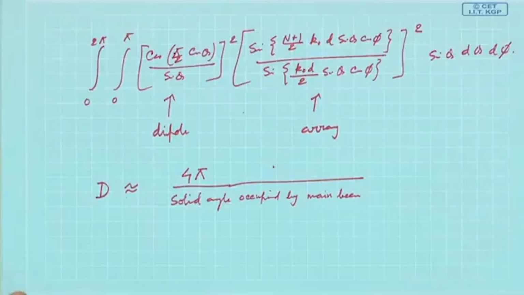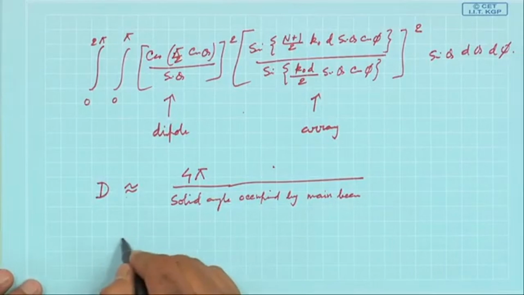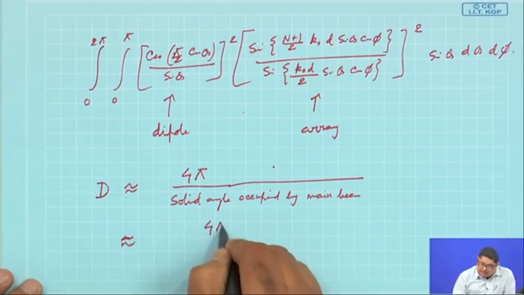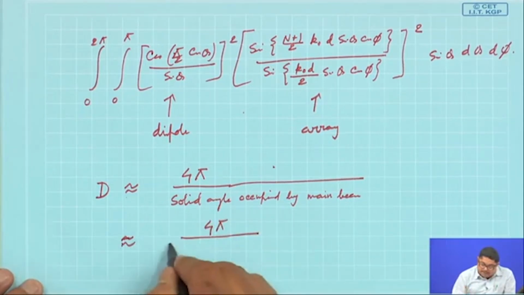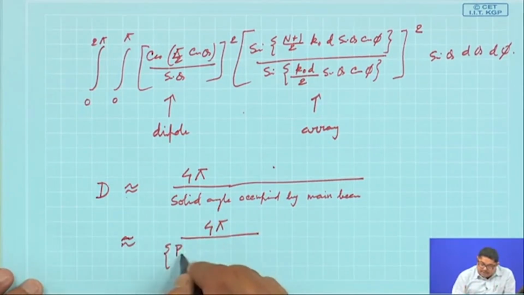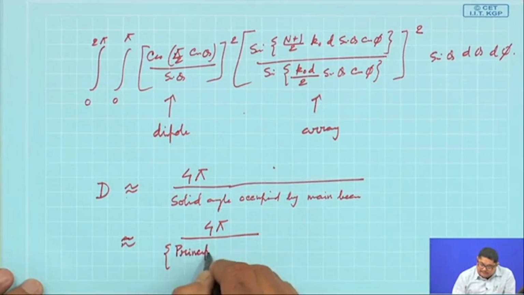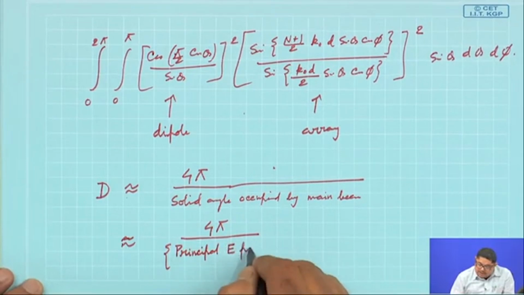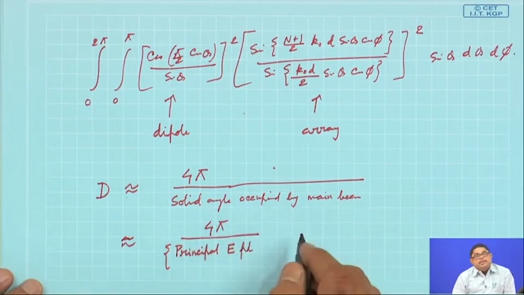So, this should approximately give you the same thing, though I again caution that the actual expression is from the intensity of radiation and the power radiated, etc. So, here again I can approximate this as 4 pi divided by the solid angle occupied by the principal main beam.